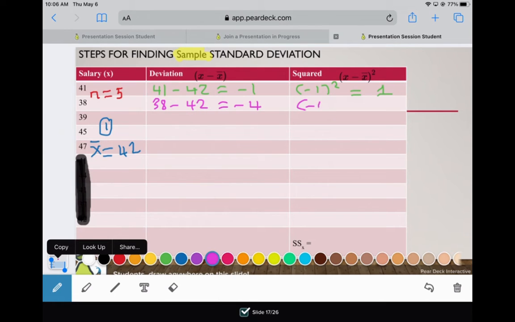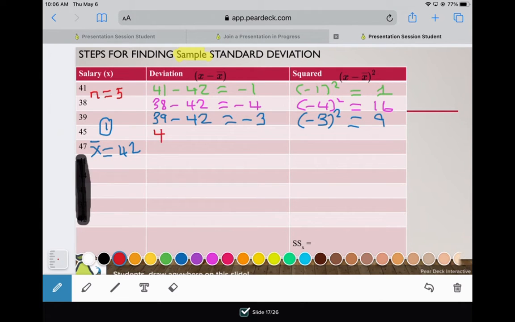If I square -4, that gives me 16. Then I will do the next one, 39 minus 42, that gives me -3. -3 squared gives me 9. It's the same.